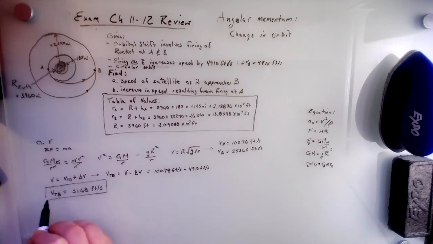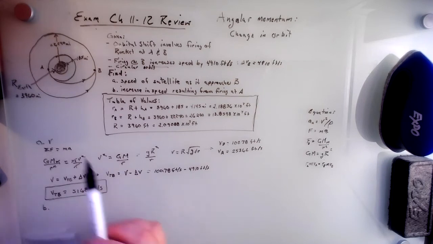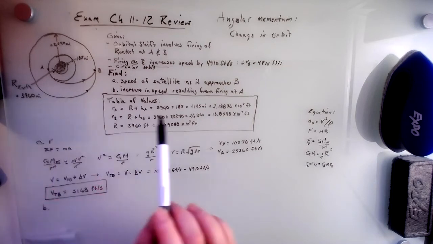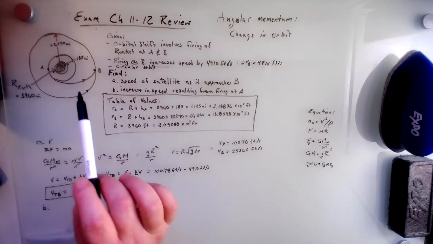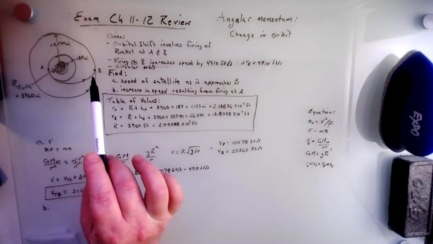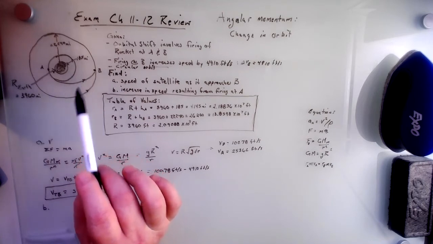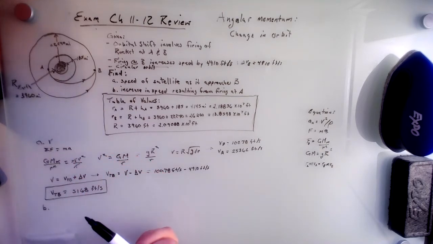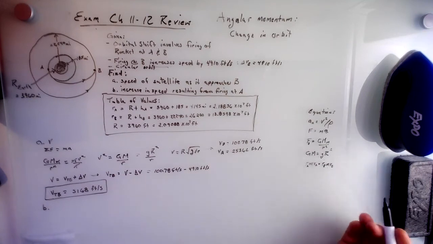Now we have to take a slightly different approach for B. Okay, with B, what we know is that the increase in speed, so if we think about the transfer, then the angular momentum is conserved. So we're able to use the conservation of angular momentum equation, which, as you know, is this guy here.